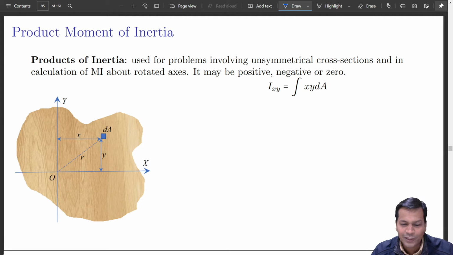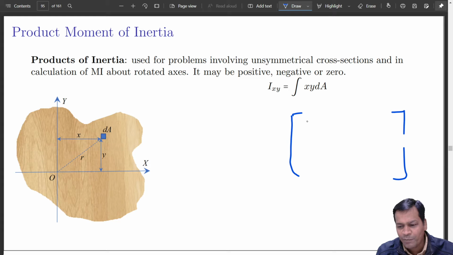And mind it, as I once told you, inertia is not a scalar, not a vector. What is it? It is a tensor. So there is something known as the inertia tensor, in which you have moment of inertia about the x-axis, about the y-axis, and about the z-axis.